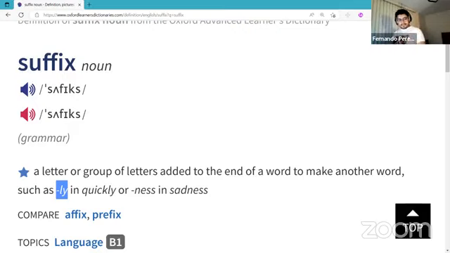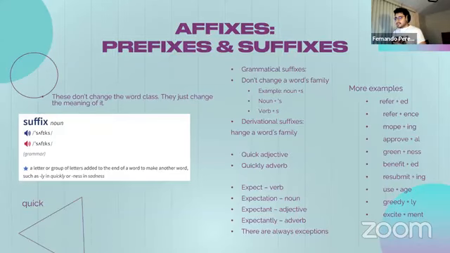So quick is an adjective, no? Remember? Quick is color orange. And then we add the suffix -ly, which is only a combination of letters, and the result is the adverb quickly.